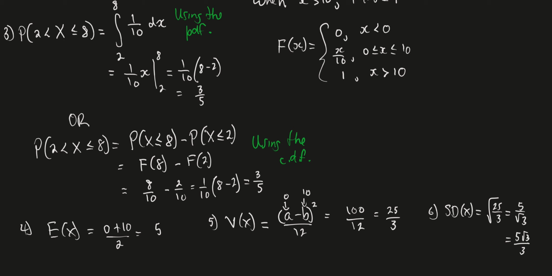So again, pretty much any calculation that's required of the uniform distribution is fairly straightforward. Percentiles are equally easy to compute. I'm not going to worry about doing any examples of percentiles in this video, but once you have our CDF, then we follow that particular procedure to find percentiles.